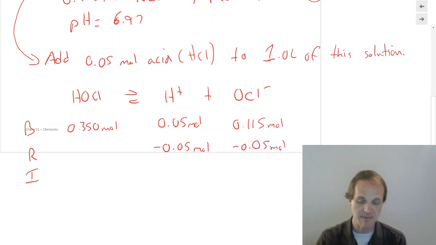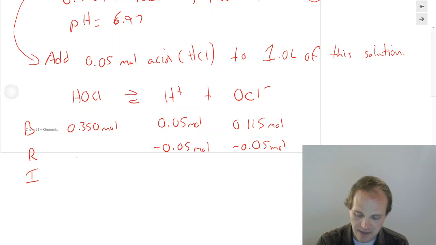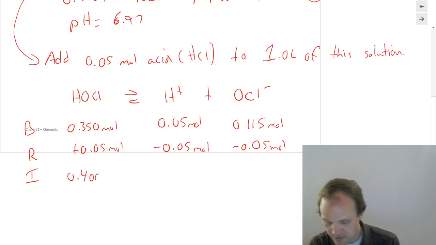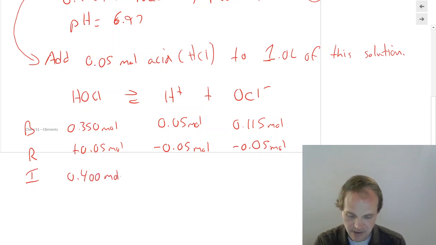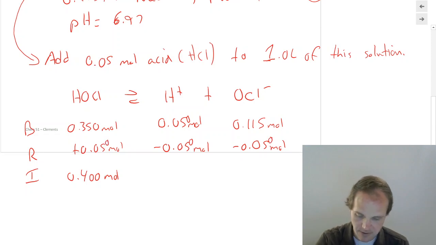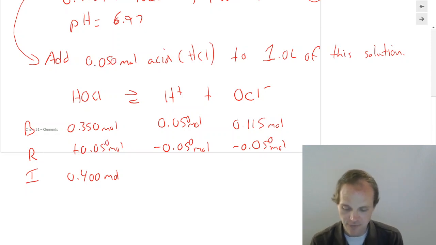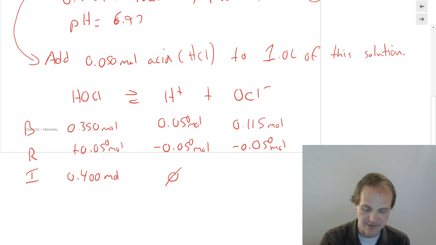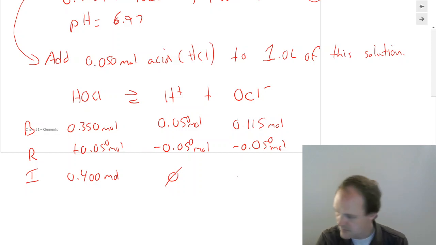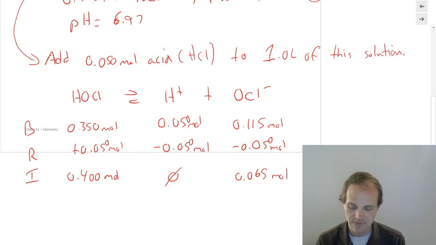If I was limited by my hypochlorite ion, then I'd run out of hypochlorite ion, and I'd still have excess H plus. And then here, this is going to be plus 0.05 moles. And so we have 0.400 moles. There we go. I got none of this left, and I've got 0.065 moles of this left.